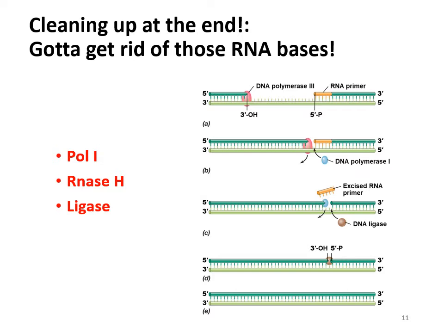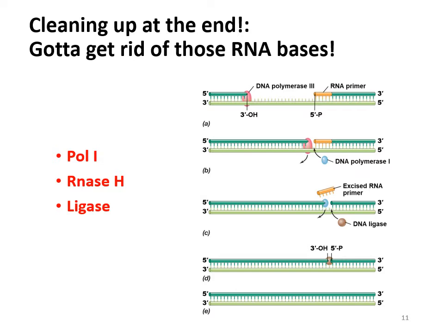So at the end of DNA replication, you need pol 1, RNase H, and ligase. What happens is pol 1 and RNase H, they degrade the RNA primers, meaning they get rid of all of the RNA bases.